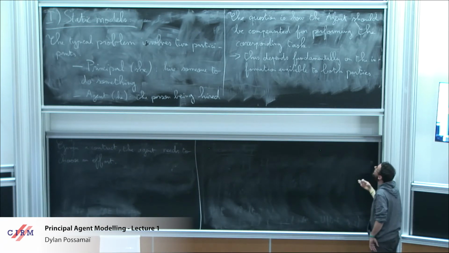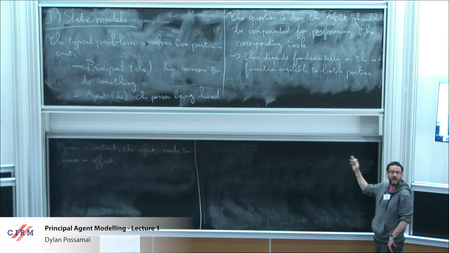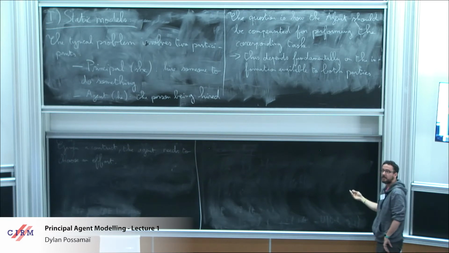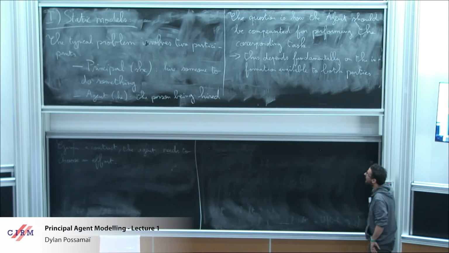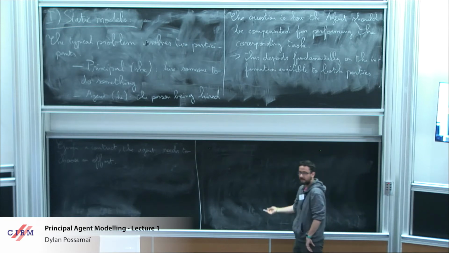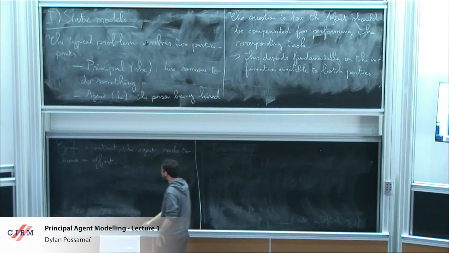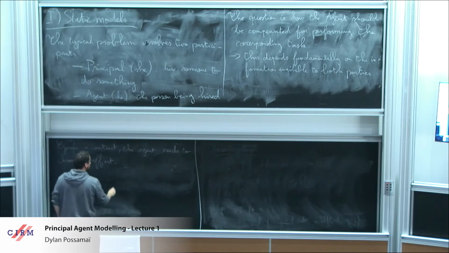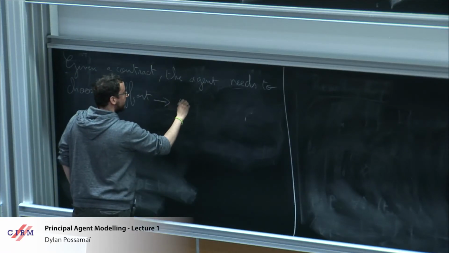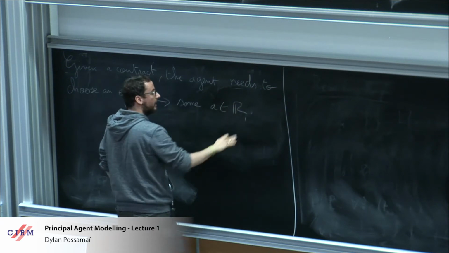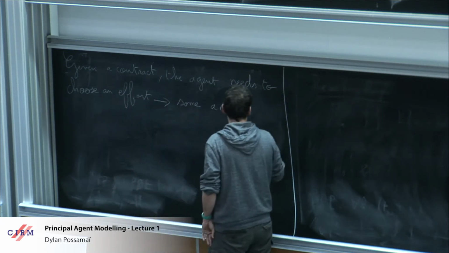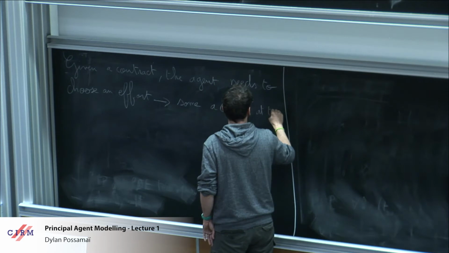So at time 0, the agent knows how he's going to get paid. He doesn't know exactly how much is going to be paid because we don't know yet what the value of X is. But he knows how to compute it given that he has access to it. So what we will do here is just choose some number A in R, and he chooses this at time 0.